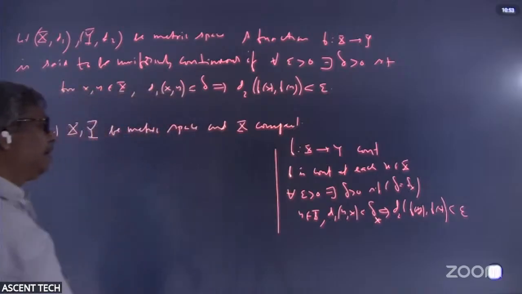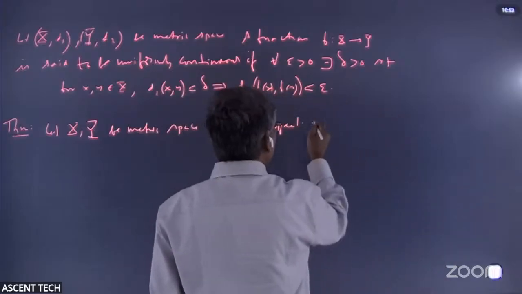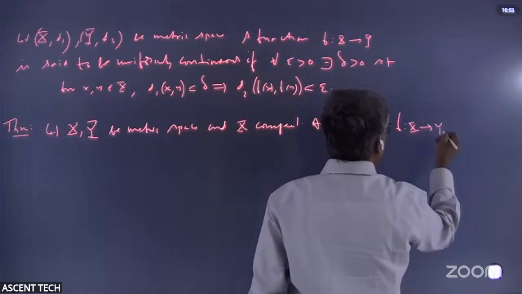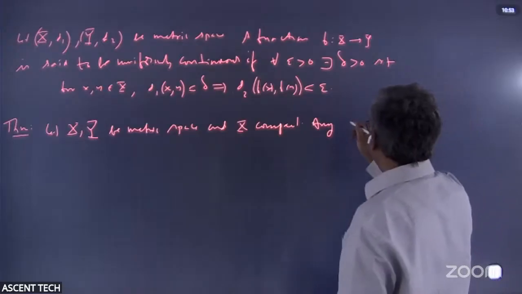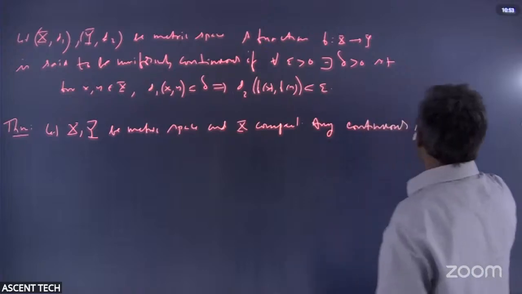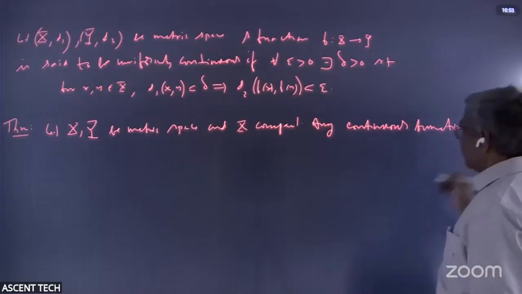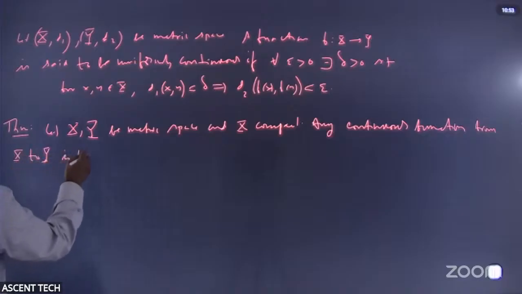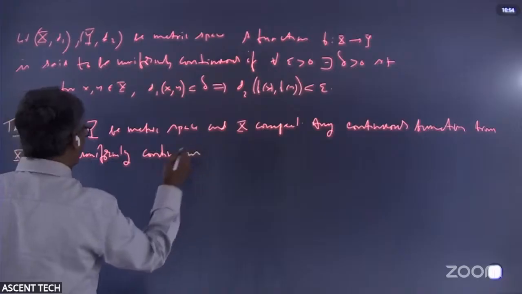Then any continuous function f from X to Y is uniformly continuous from X to Y. Any continuous function from X to Y is uniformly continuous. Okay, sir?